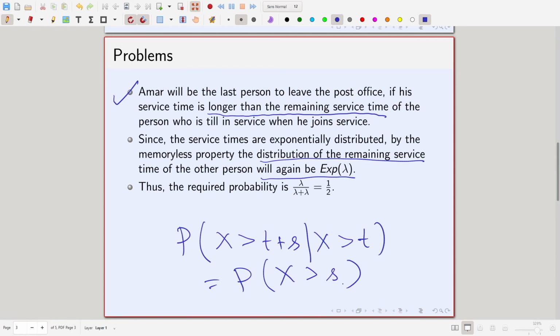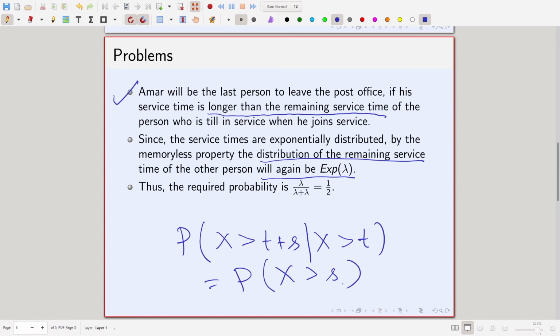So how long the person has been in service has no effect on the remaining service time, fine. That is the meaning of the memoryless property. So the remaining service time will again have exponential lambda distribution, right.